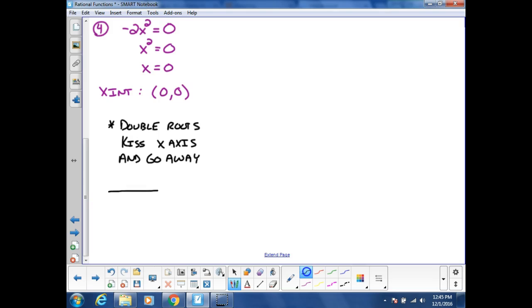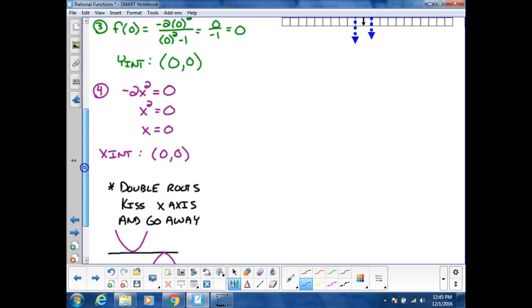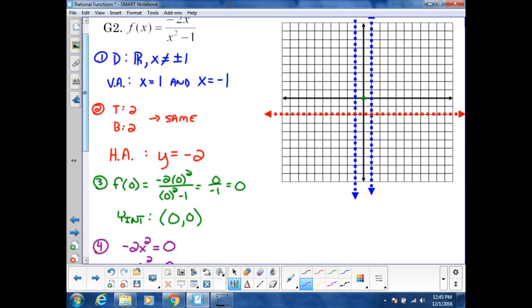So if this is the x-axis, a double root would come in, kiss the x-axis, and go away. That's what a double root does. So at 0, it's going to be a double root. I just need to figure out if it's going up or going down.